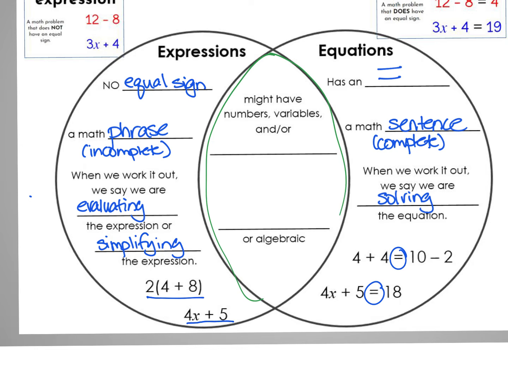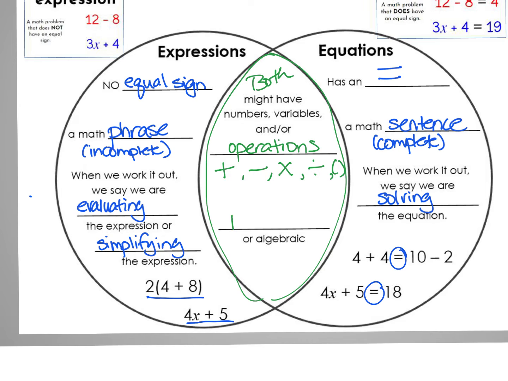So this part is for both of them. So both expressions and equations might have numbers, variables, or operations. So we might see adding, subtracting, multiplying, dividing, or we might even see like parentheses. Okay, you can see that in expressions or equations.